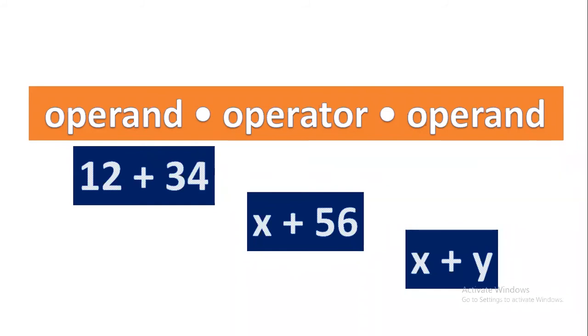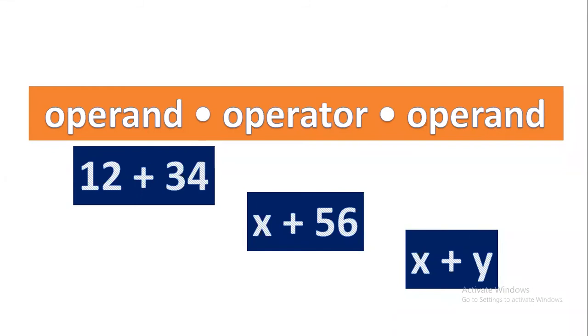Meaning, we always have 2 operands to manipulate or to work on. And we use a certain or specific operator. So, example, 12 plus 34. 12 is an operand, 34 is another operand, and plus is your operator or your operation, which is addition.